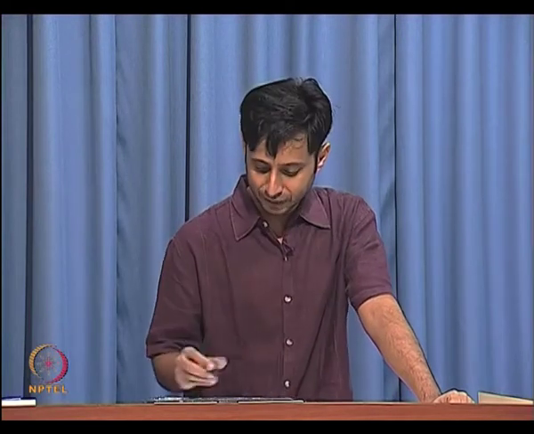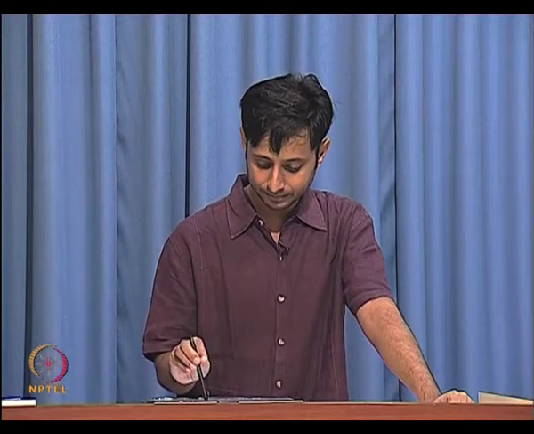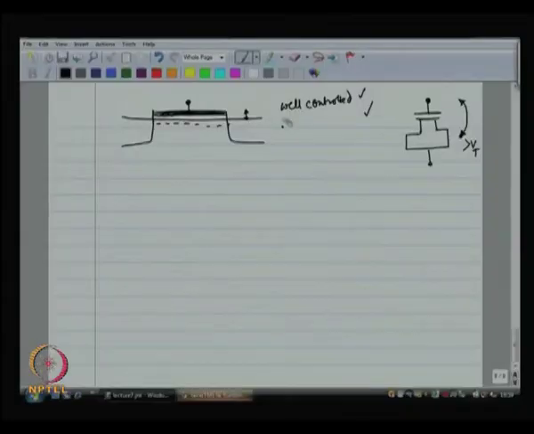Okay. So, the advantages are well controlled value and much greater density. The disadvantage is that you need more than a VT.